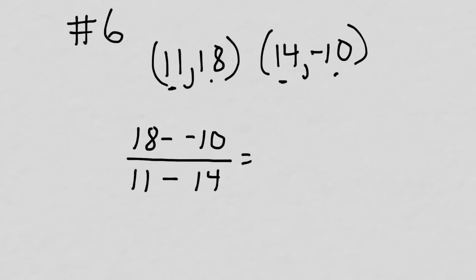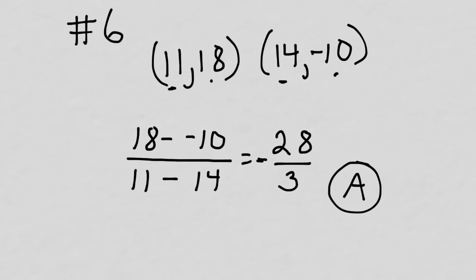All right, doing the math on this, put this in your calculator. 18 minus negative 10 is the same thing as 18 plus 10, which is going to give you 28. 11 minus 14 is going to be negative 3, which just basically makes the whole problem negative. All right, so negative 28 thirds, which on your answer sheet will be A.